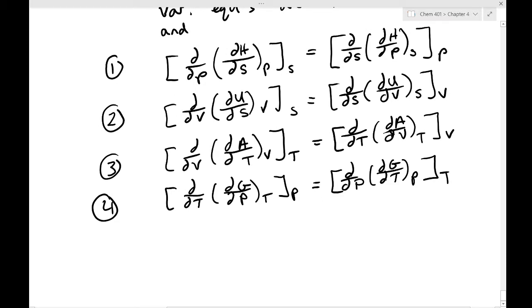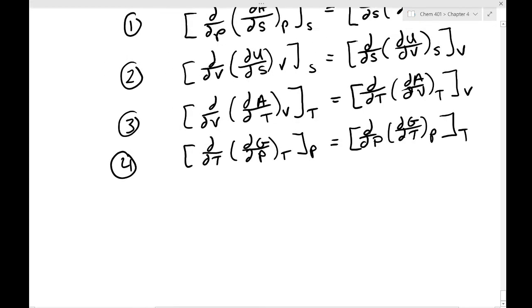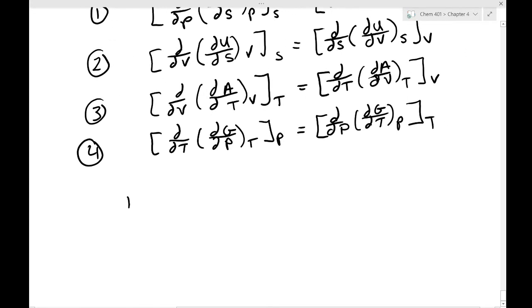Okay, now let's look at why this is so useful. Let's look at number one in particular. I'm going to work out number one and then the rest of them we can just assume.